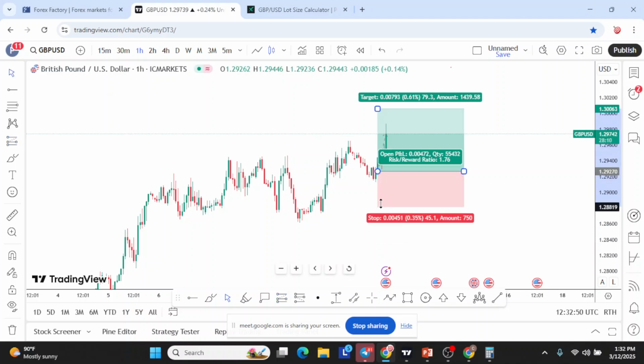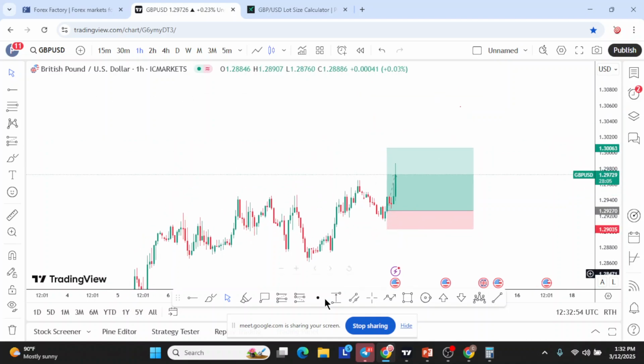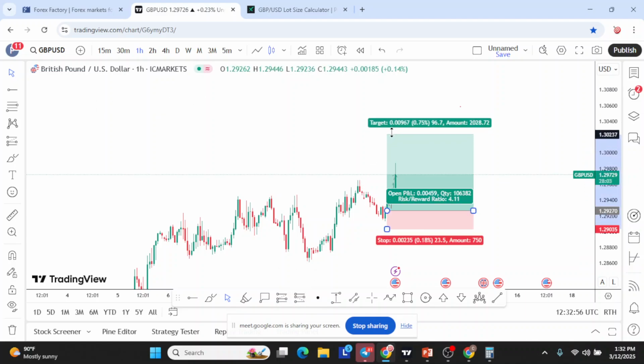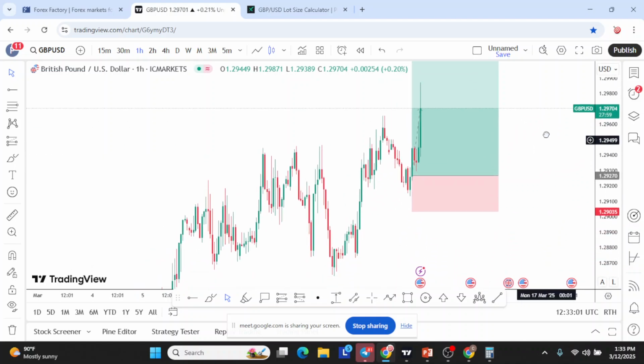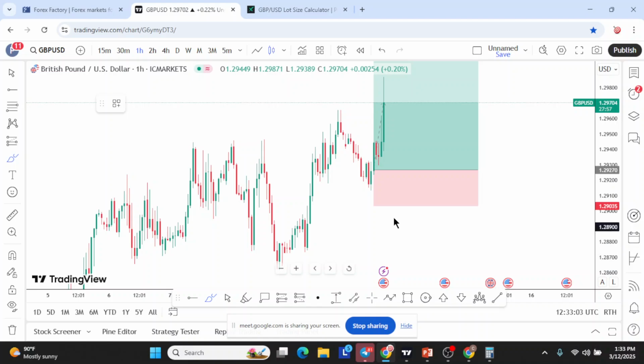We put our stop loss below this point, and we have our take profit somewhere around there. And the market is already going in our favor.